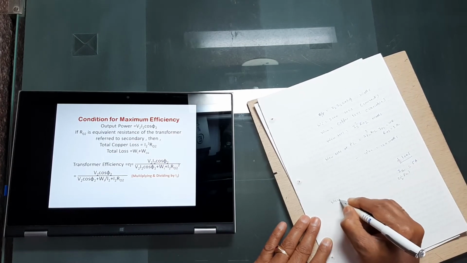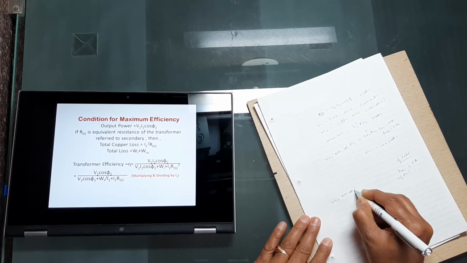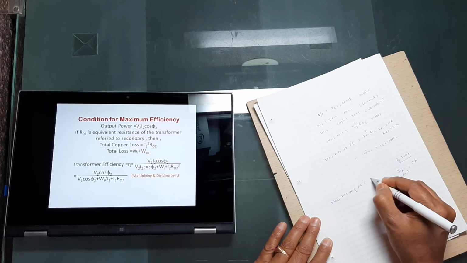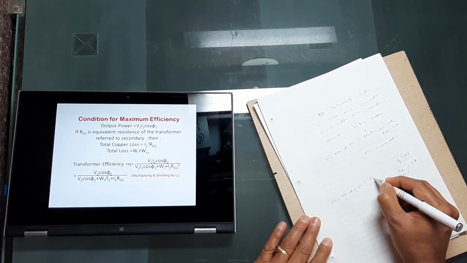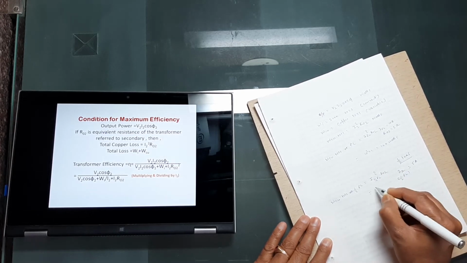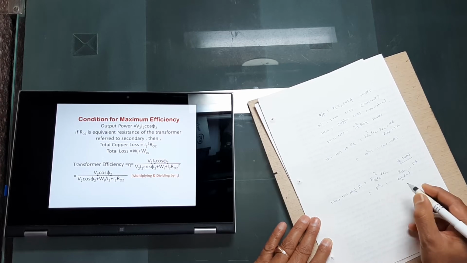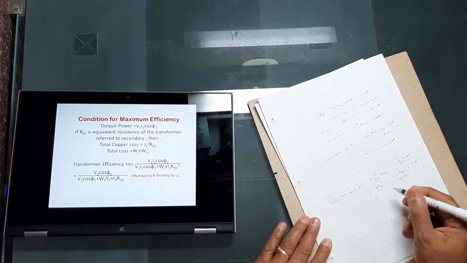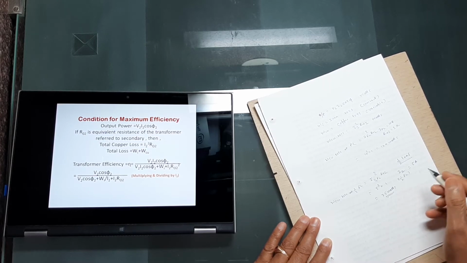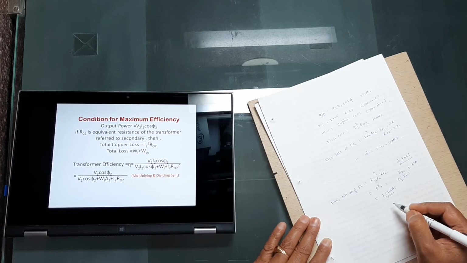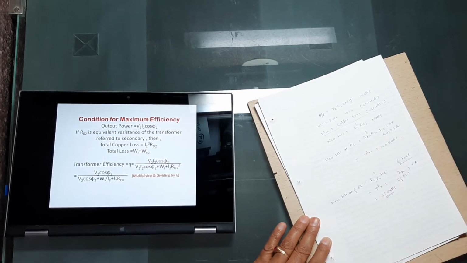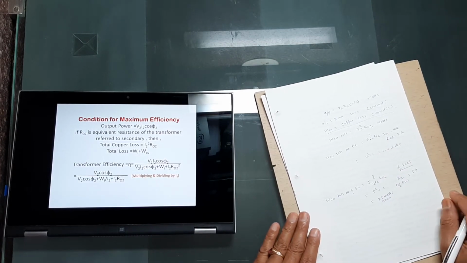Therefore, the copper loss at half full load is the current square into RO2, that is 5 square into 1, which equals 25 watts. Means at a different load condition the copper loss will change, therefore it is called the variable loss.